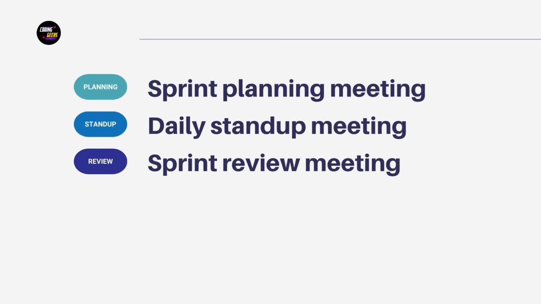Sprint review meetings are held at the end of each sprint. This meeting is an opportunity for you and your team to demonstrate what you have accomplished to the product owner and other stakeholders outside of your team.